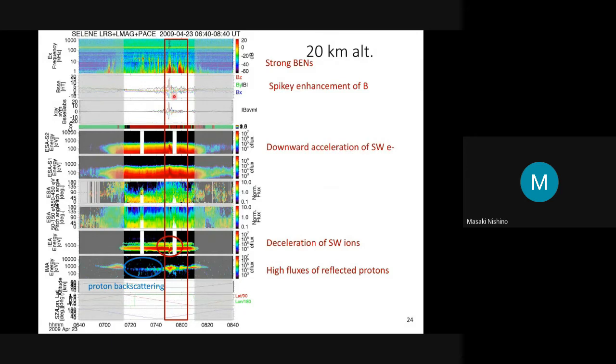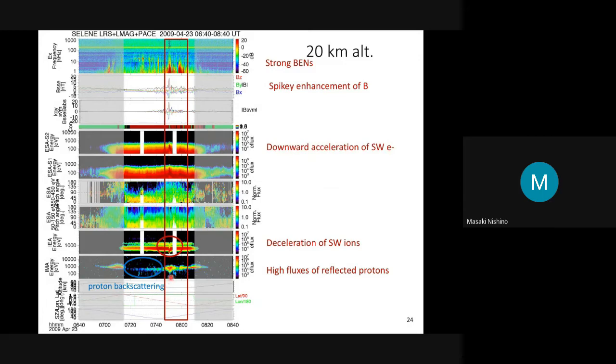First of all, we see a very spiky enhancement of magnetic field at the spacecraft orbit, and the deceleration of solar wind ions and acceleration of solar wind electrons are simultaneously detected.